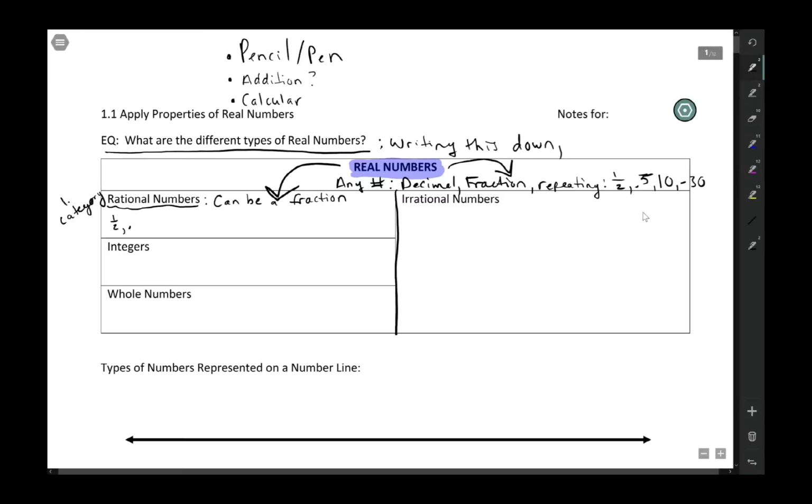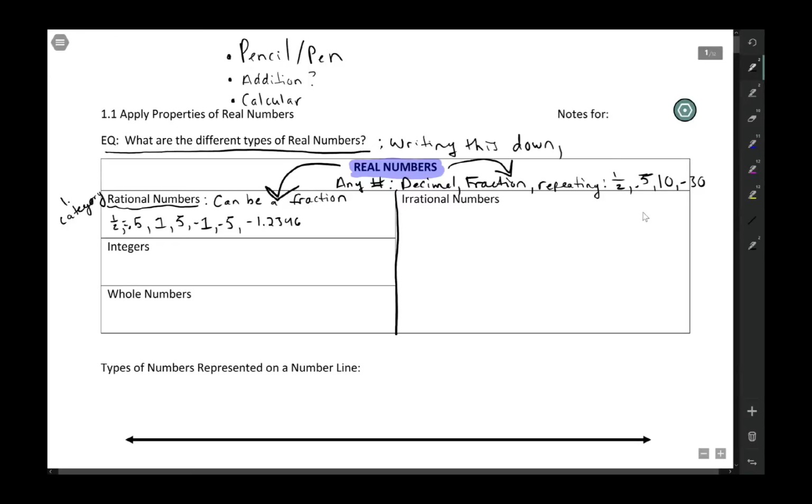We have 0.5. 0.5 is a terminating decimal. We know that's also 1/2. You can have regular numbers like 1, 5. You can have negatives, -1, -5. Mix it up some, -1.2, 3, 4, 6.